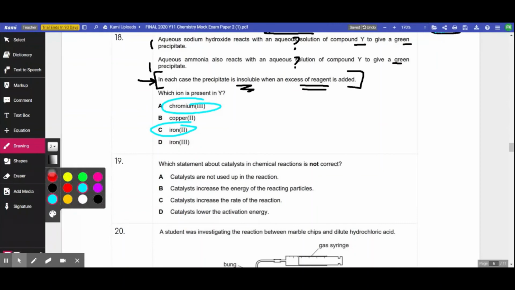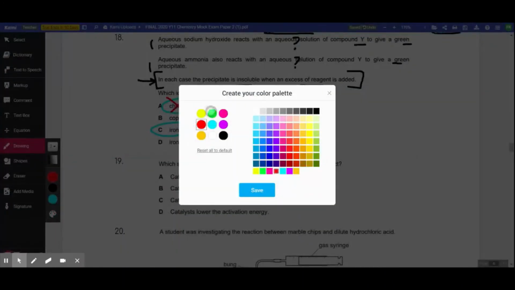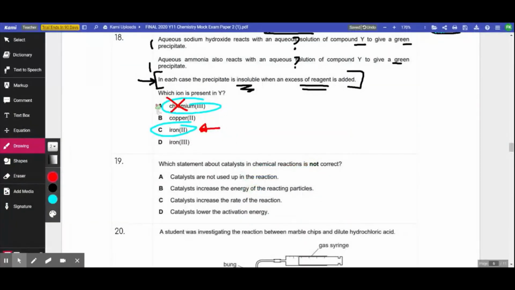However, chromium 3 is not one that stays insoluble. It actually redissolves in the reagent. So the correct answer is iron 2. They both go to a lovely green color, but chromium 3 will actually redissolve.